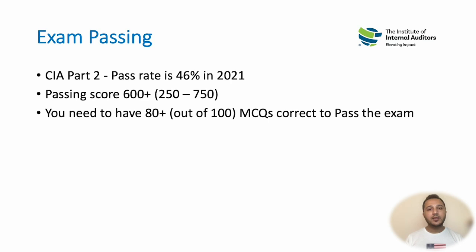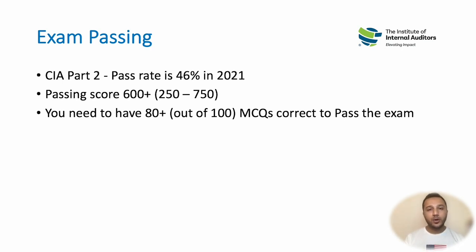And the other thing is they also look at how many people appear in that attempt, and they do a relative marking, and whoever scores more than 600 in that relative marking has passed. So the required correct answers might be in the 70s or the 80s, depending on the attempt that session has and how complicated the MCQs were.